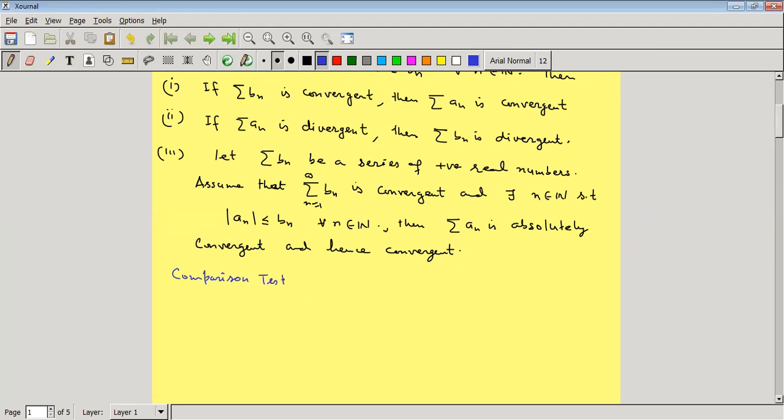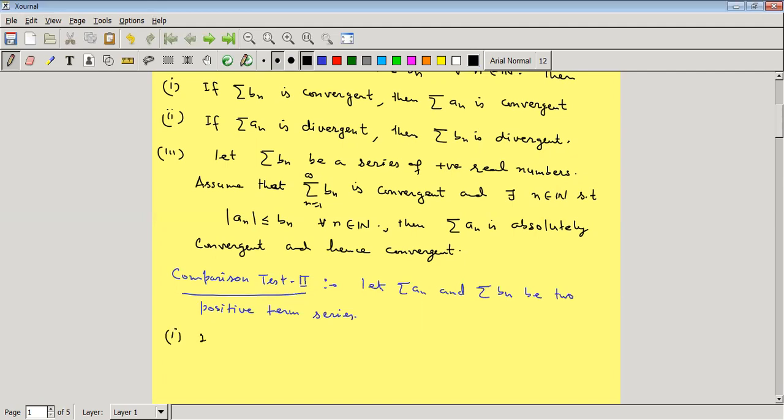So let summation an and summation bn be two positive term series.